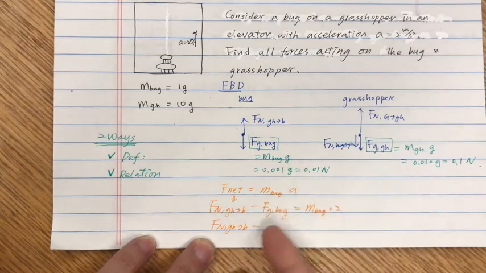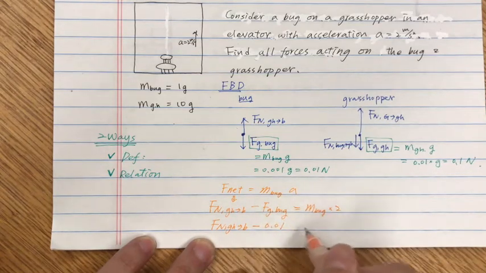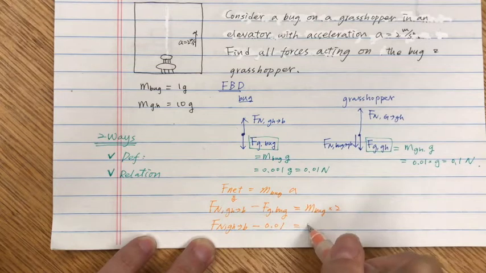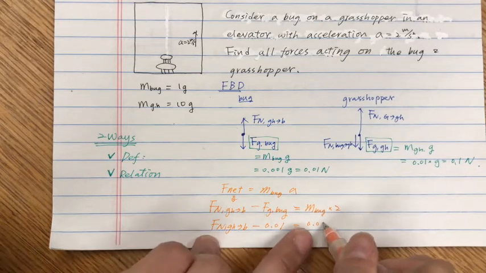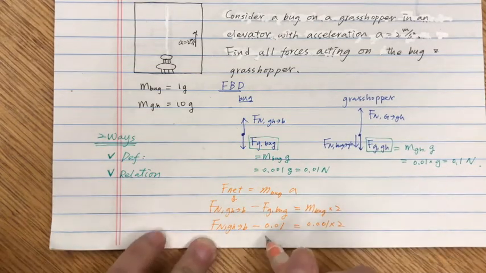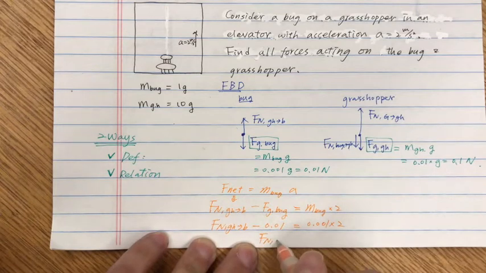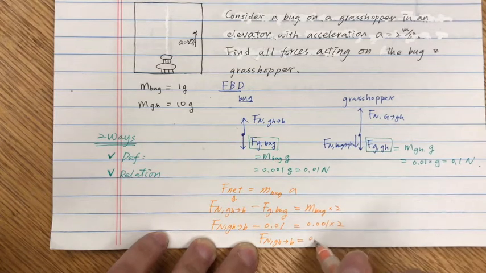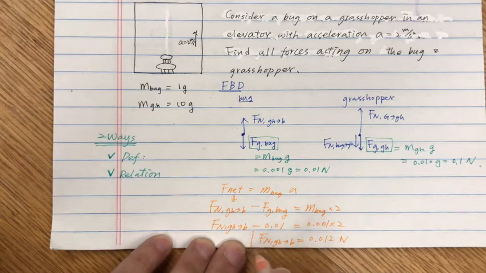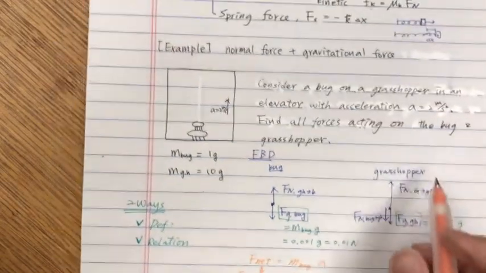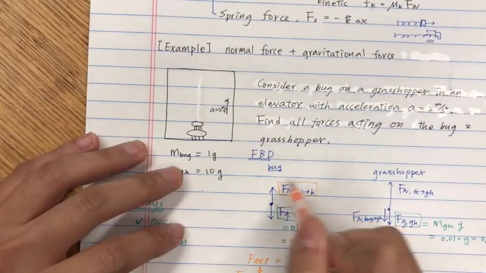So this is the normal force from the grasshopper to the bug. Okay, check.